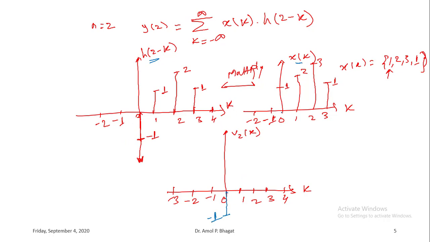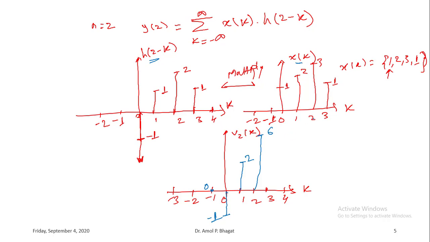At minus 1 in both cases no value is there, that means 0 will be there, right? At 1 here 2 is there, at 1 1 is there, so 2 multiplied by 1 will be 2. At 2 it is 3, at 2 it is 2, so 2 multiplied by 3 will be 6, right?